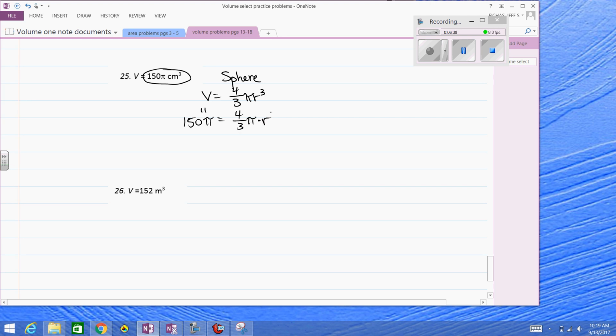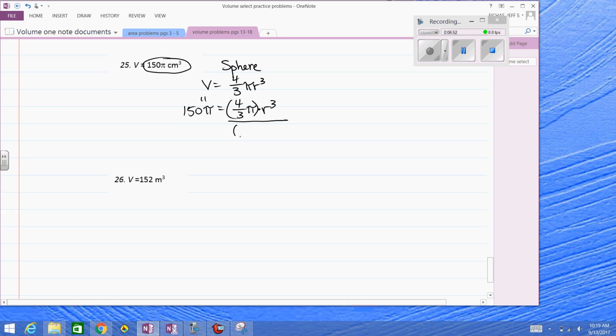Okay, so we're going to have to go through this process. Personally, for this, I'd probably divide out the pi's right now, but let me just do that all at once. Technically, that's all together. So we're going to divide both sides by 4/3 and pi to get rid of it, because it's multiply, right? So we want to divide that.